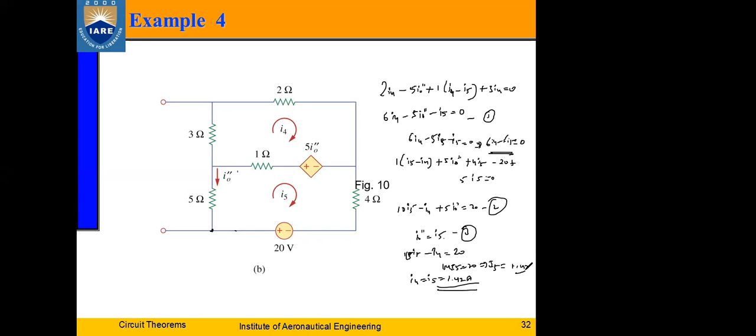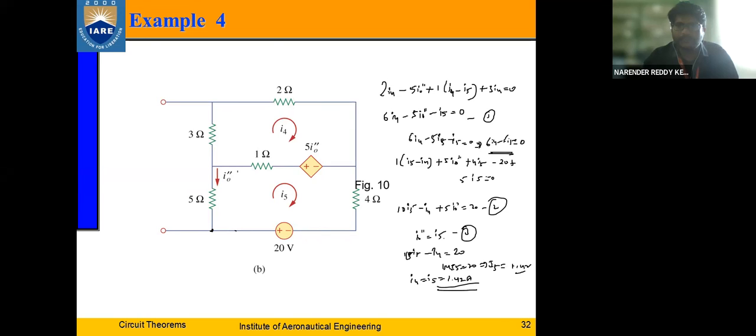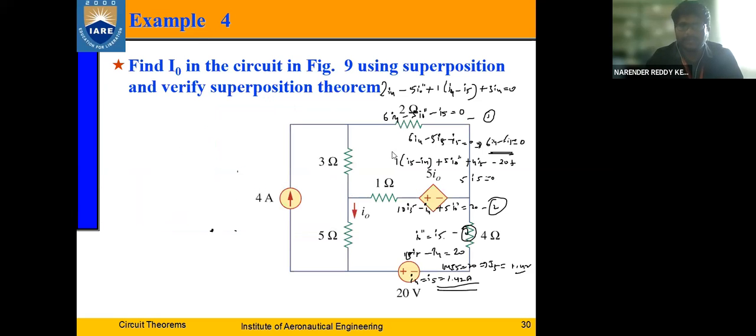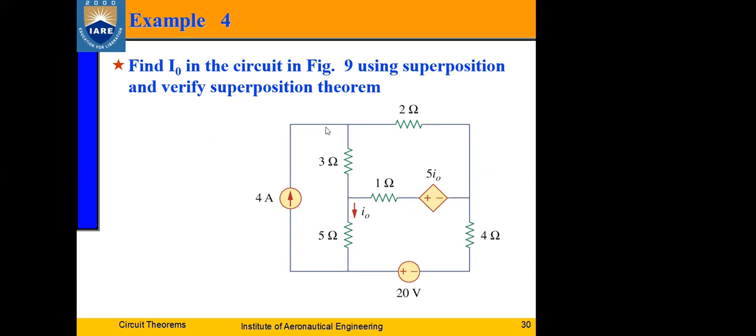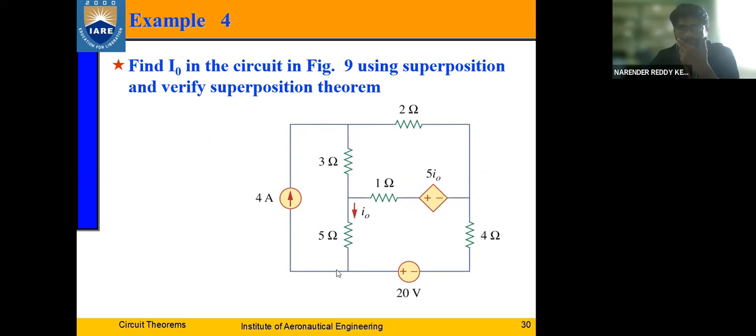Yes, sir. Now, in these two cases, what should be done next in general? We assumed in case one that only one source is present, the current source. We found the value of I0, and we are interested in finding the value of I0, right?